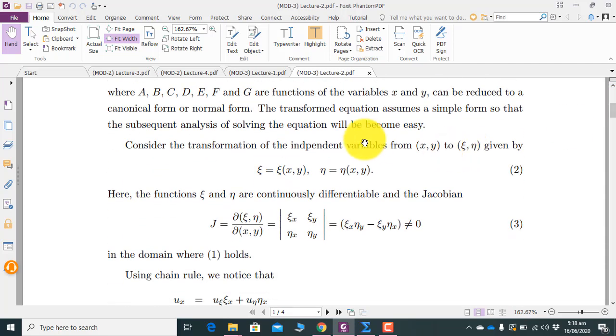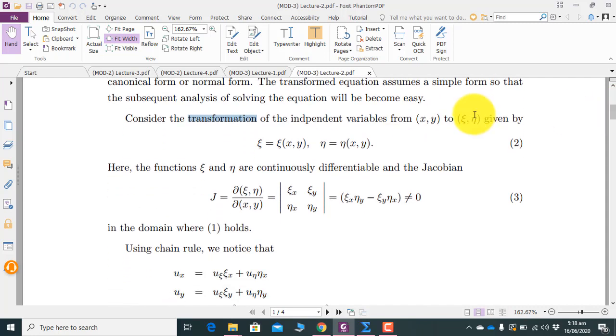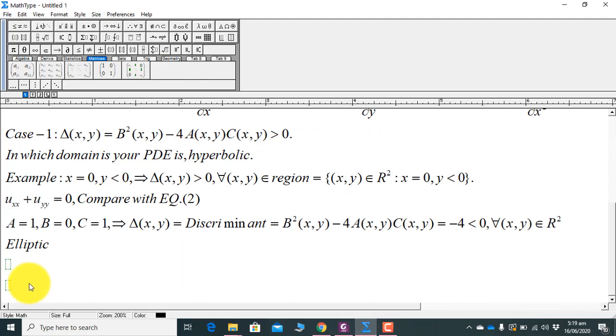But since we are transforming the equation into simplest form, there will be some methodology, and that is known as mathematical transformation. So what we are doing, actually, we know that our dependent variable is u, and this dependent variable which depends upon x, y is now dependent upon some new variables xi and eta, and we are transforming our desired equation into some new equation.